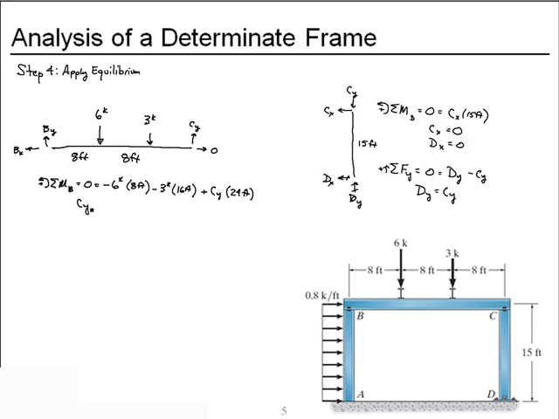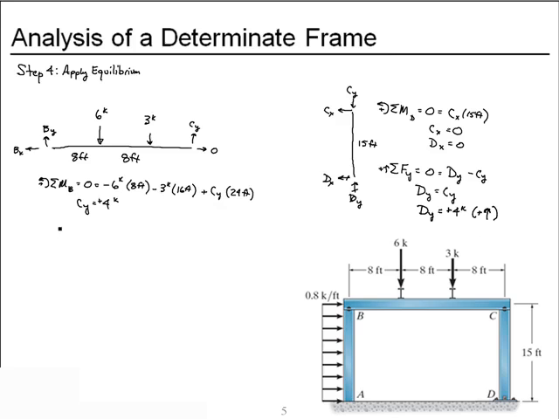Put all of that together, Cy is 4 kips in the direction shown. Now that we have Cy, we can come back to our result from member CD and see that Dy is a positive 4 kips, which means it is a vertical reaction up.